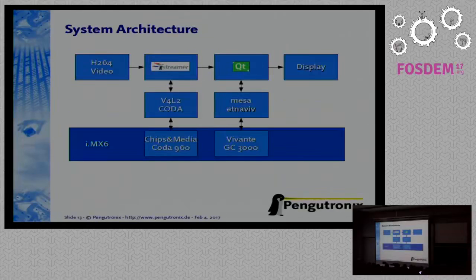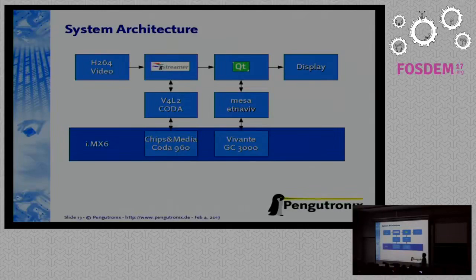So if we go back to the system architecture, we have, again, our SoC down here. Let's start with the video files. The video files go into GStreamer. GStreamer uses the Video for Linux Coda driver in the Linux kernel to use the hardware decoder.